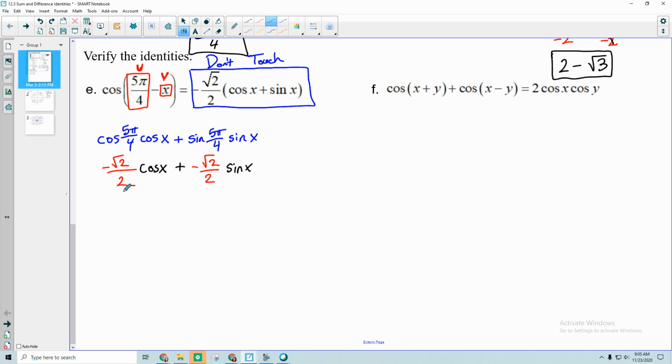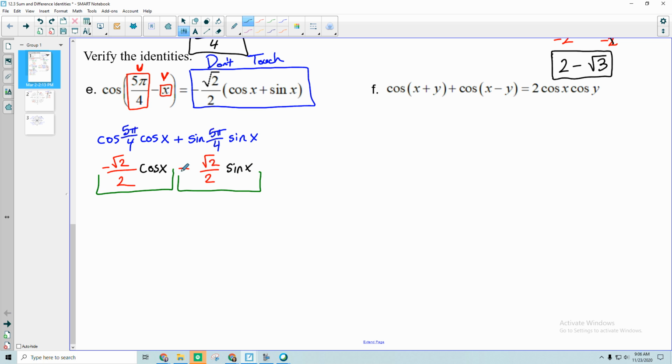So then, let me rewrite this so we can simplify. The positive and the negative make it negative, so I can just rewrite this like that. Notice that between this term, because this is all one term, and this term, there is a GCF. If I divide both of these terms by negative square root of 2, if I factor that out, then I'm going to actually get the identity that I want to verify.